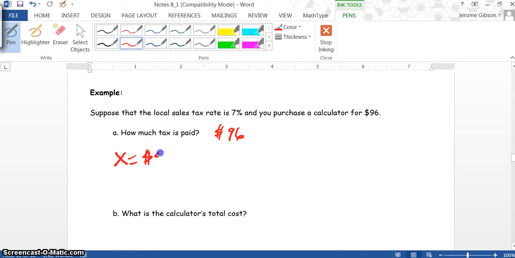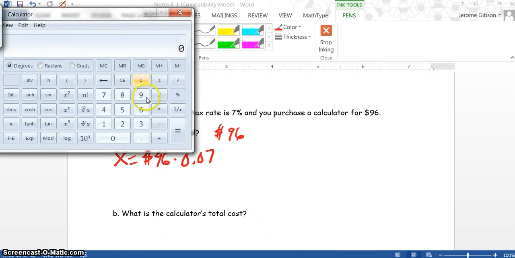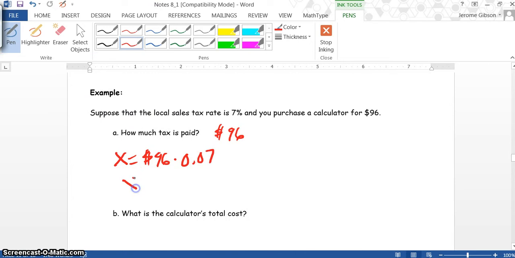It'll be X equals $96 multiplied by the tax rate, which is 0.07. So we will multiply that using our calculator. 96 times 0.07, which gives us $6.72. So that would be our sales tax, $6.72.